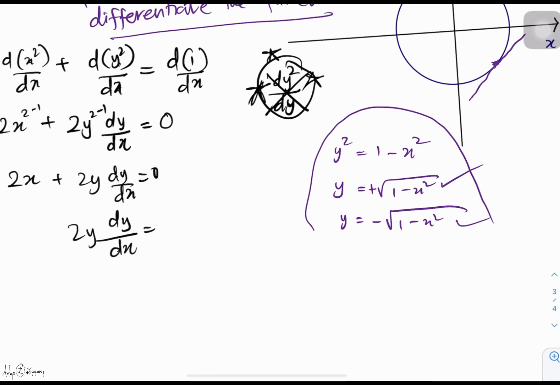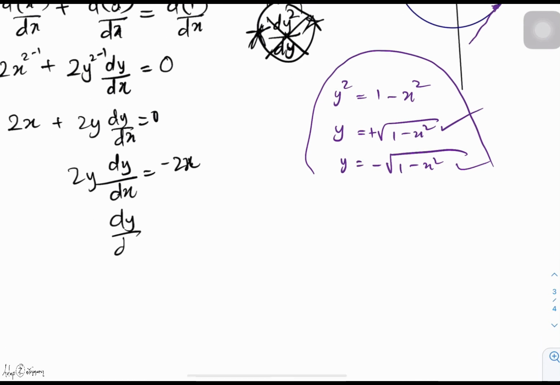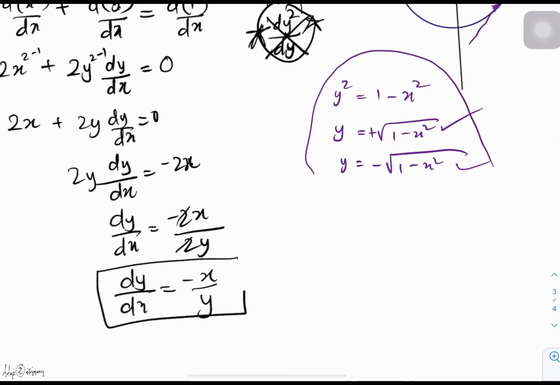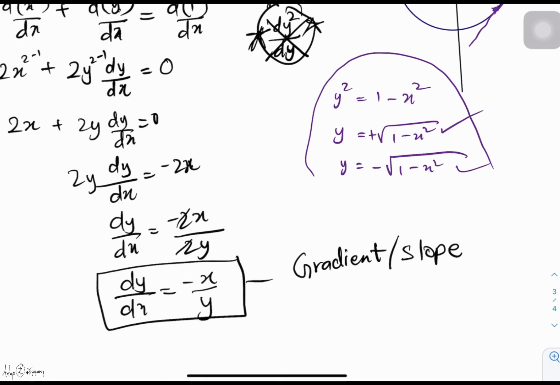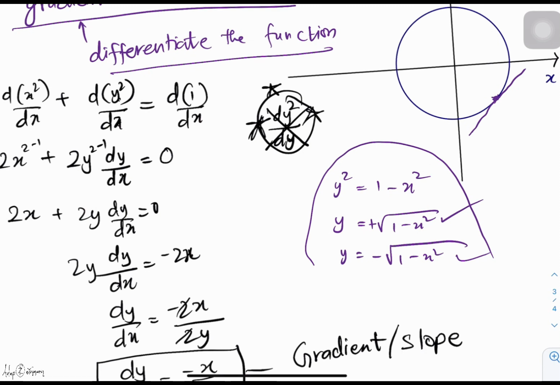For that, you need to do some rearranging. So dy over dx is equal to negative 2x over 2y. The 2 gets cancelled, so finally dy over dx is equal to negative x over y. So this is the gradient, or the slope, or the tangent made in this diagram.